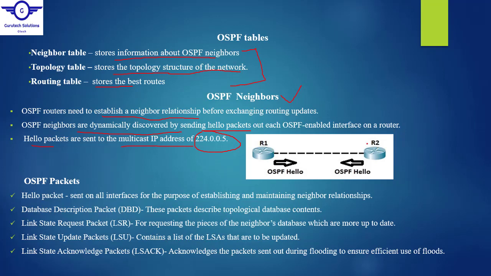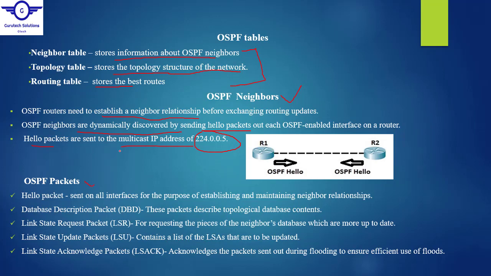This router here will send a hello packet through this interface in order to dynamically discover any OSPF neighbor nearby. And suppose there is an OSPF neighbor on this side, router 1 will also send a hello packet, and they will form a neighbor relationship. Very simple.